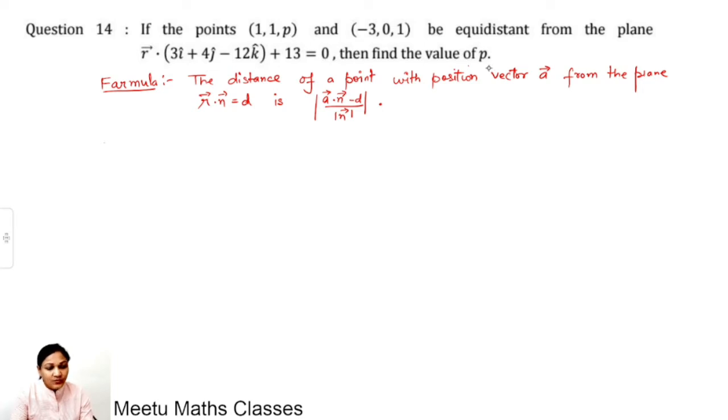Now there is a formula to find the distance between a point and a plane. The distance of a point with position vector a from the plane r dot n equals d is the modulus of (a dot n minus d) divided by the magnitude of the normal vector. You replace r in the plane with this point. The modulus of this quantity represents the distance between the point and the plane.